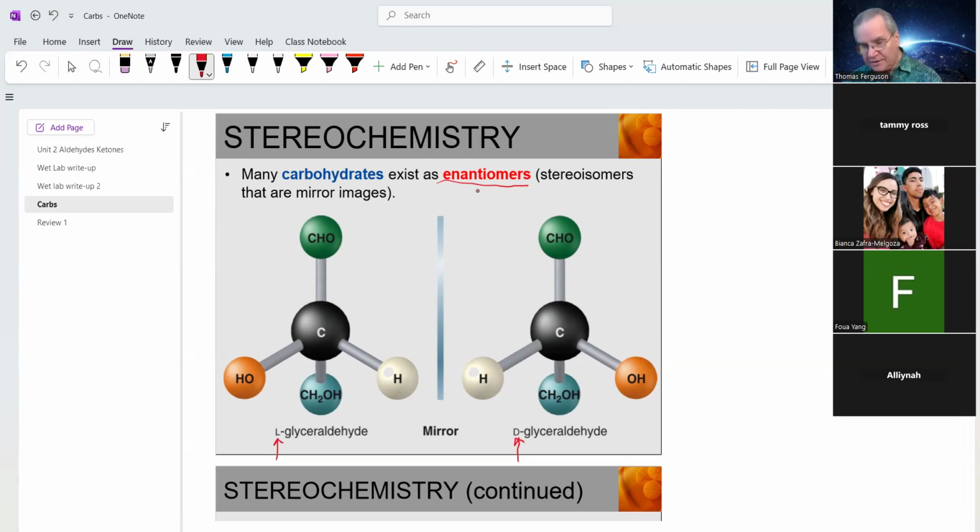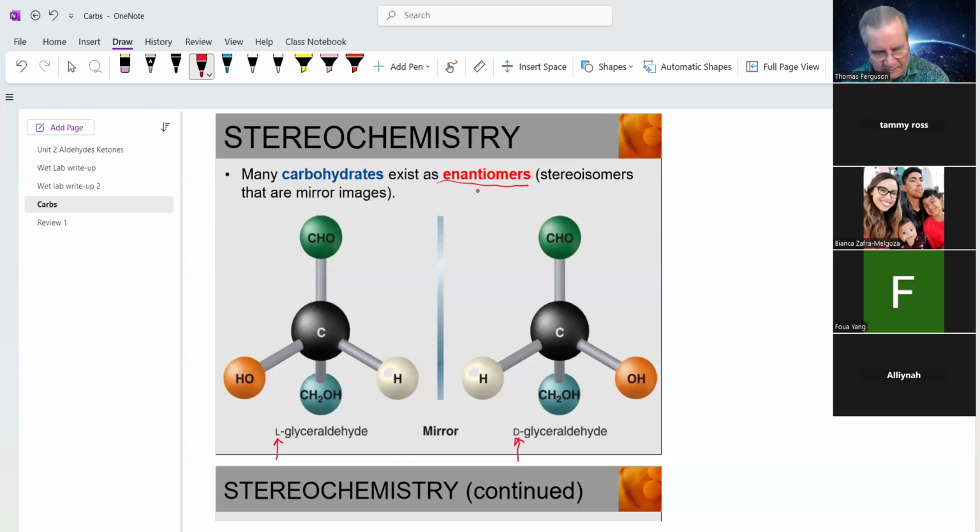Now, there was a huge, devastating problem back in the early 60s in Europe and the United States. There was an anti-nausea medication called thalidomide, given to first trimester pregnant women to prevent nausea. It exists as both the D and the L form.